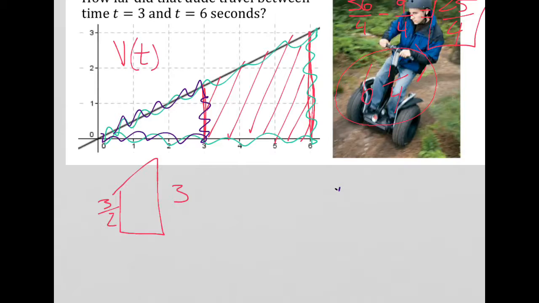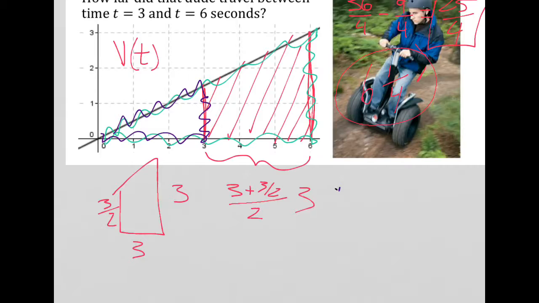And then the height of this trapezoid, the distance between the two parallel bases, is also 3. And so we get our formula to be the average of the bases times the height. And we can simplify that from there.